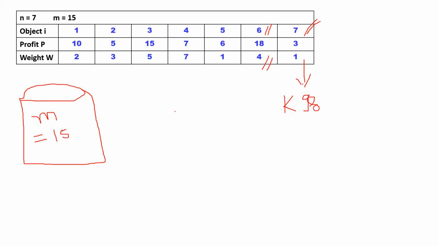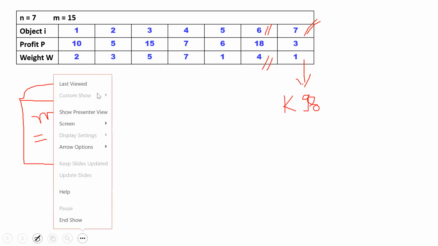So given the type of objects, if partial filling is possible, it's a knapsack problem. If partial filling is not possible, it is a 0-1 knapsack problem. Now I'll work out this problem assuming that partial filling is possible.